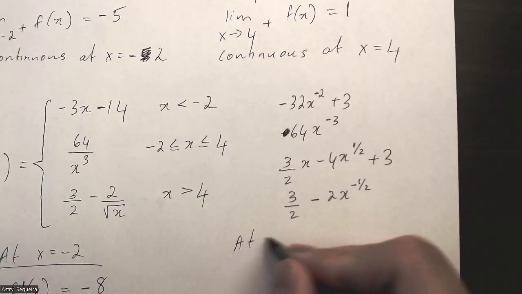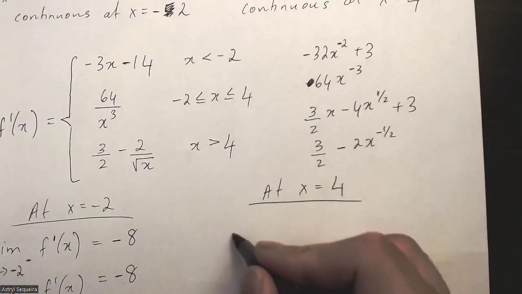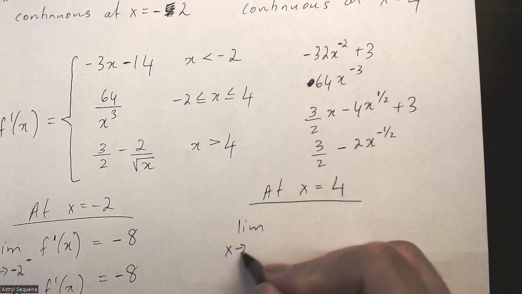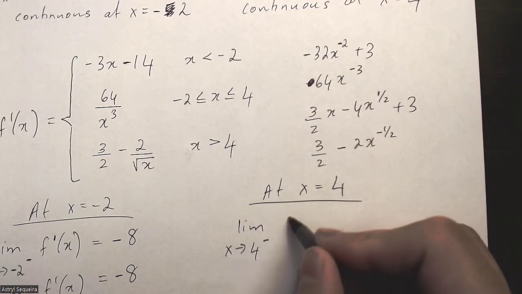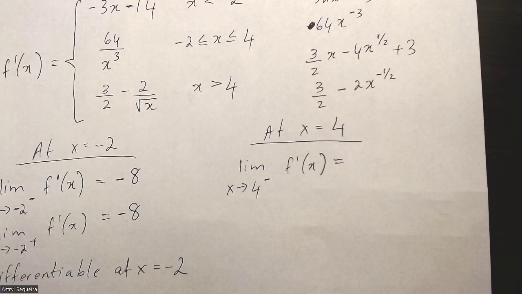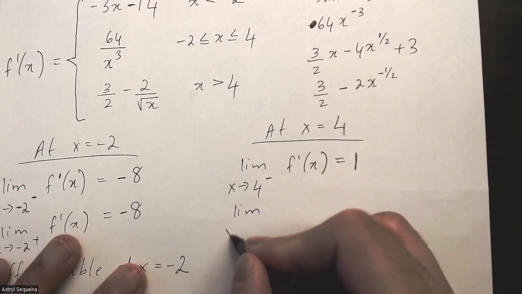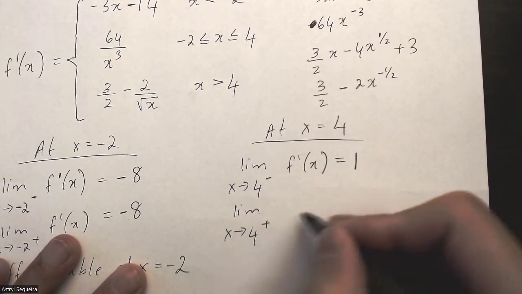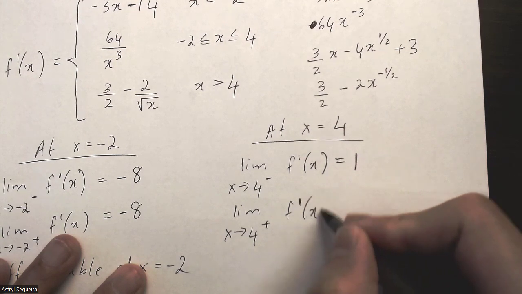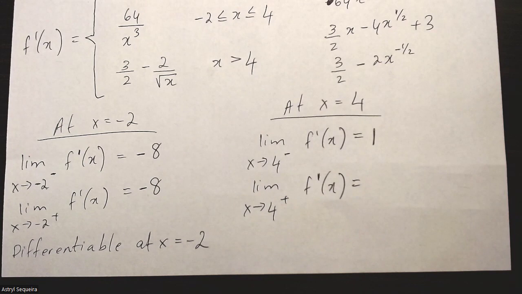Let's test at x equals positive 4. Let's do the limit as x approaches 4 from the negative side of f prime of x. So I'm plugging that into the second equation over here. 64 over 4 cubed is, yep, that's 1. And then let's do the limit as x approaches 4 from the positive side of f prime of x. That's plugging into this equation over here.